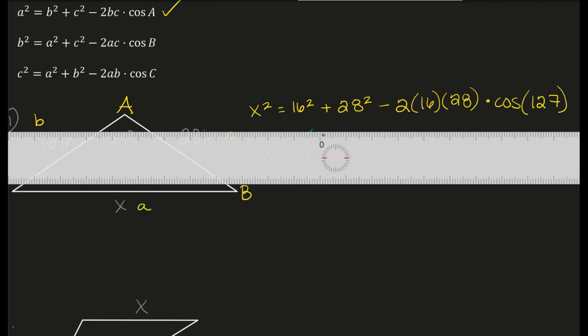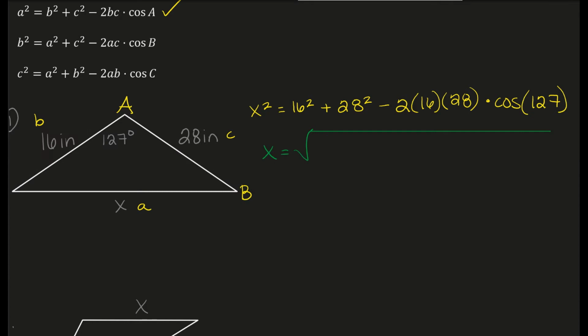So I have the square root of all of this. So this is going to be 16 squared plus 28 squared minus 2 times 16 times 28 times the cosine of 127. And that's it. You've solved for x.